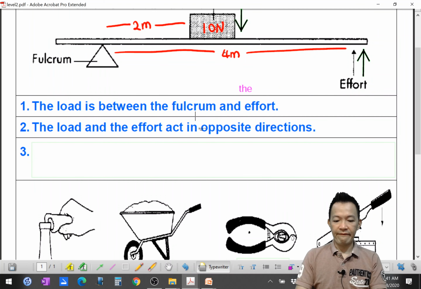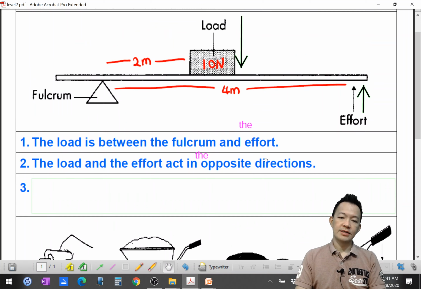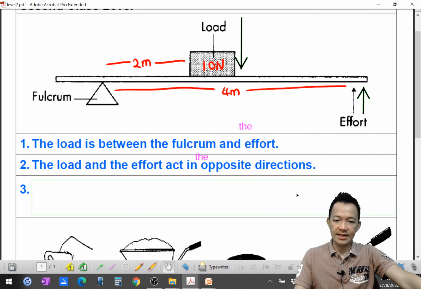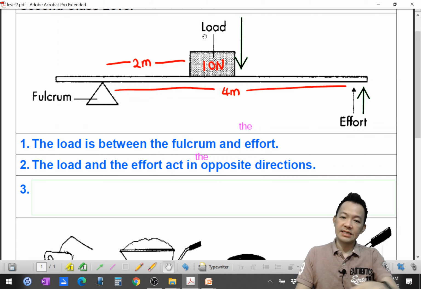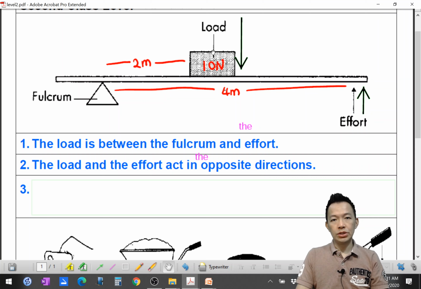Okay, so 它们的方向是完全倒反的，相反的。Next, number 3, 它有什么特征呢？ Okay, 3个新的啊，你看。So let's say this is my hand. 我的手啊。My hand actually is a load. 我的手就是我的重点。Okay, the load is between the Fulcrums and the efforts.